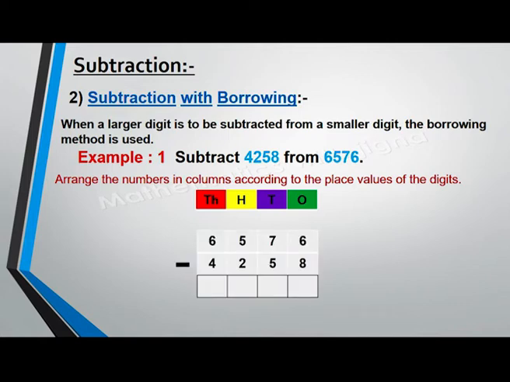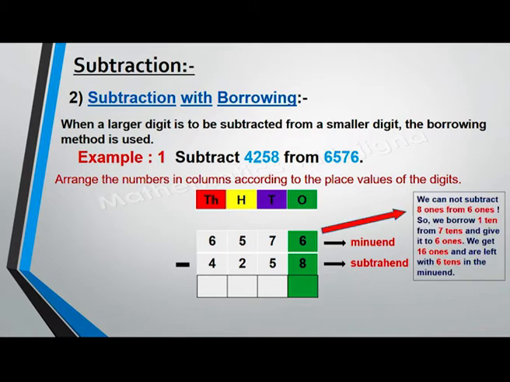We know that the first number is known as the minuend and the other number which is subtracted is known as the subtrahend. Now first subtract the ones. Here we cannot subtract 8 ones from 6 ones because 6 is lesser than 8.